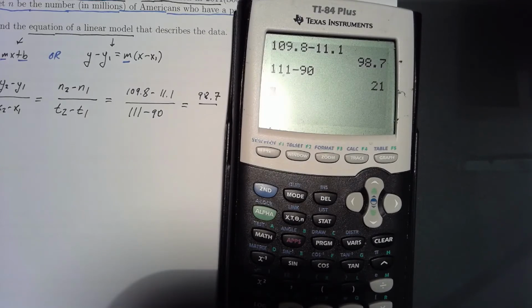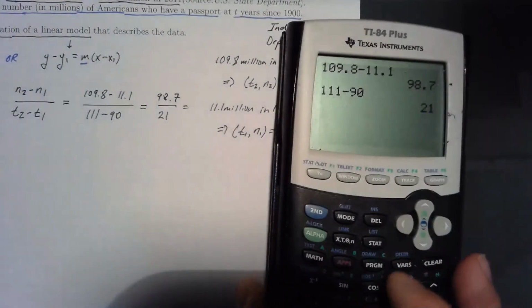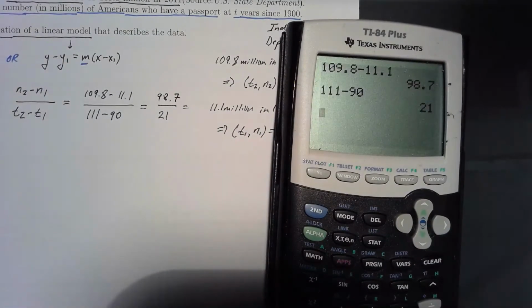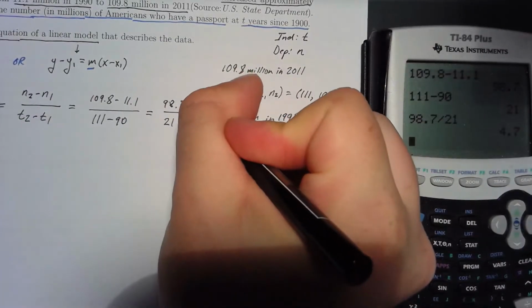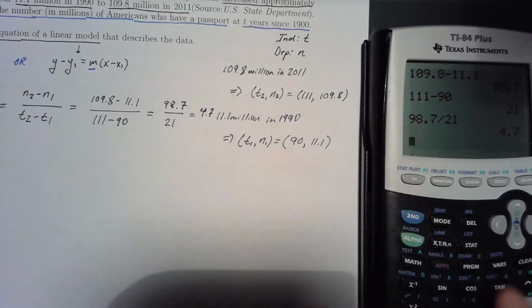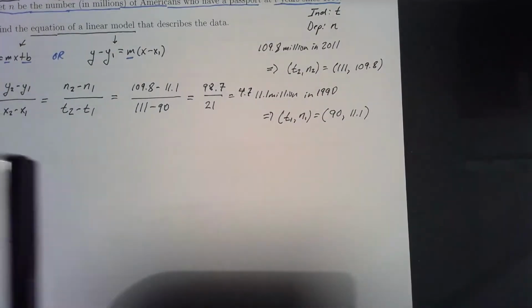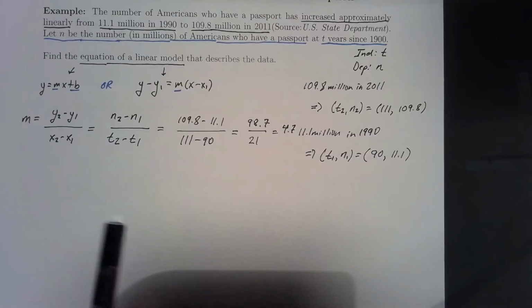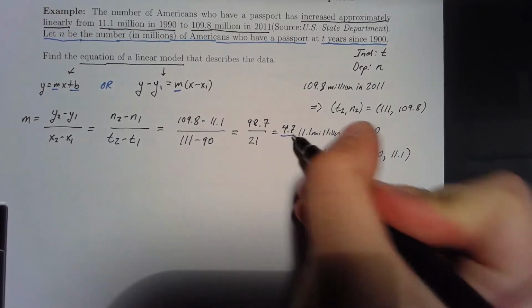Now, when I put that in my calculator, 98.7 divided by 21 gives us 4.7. All right, so that's our slope.